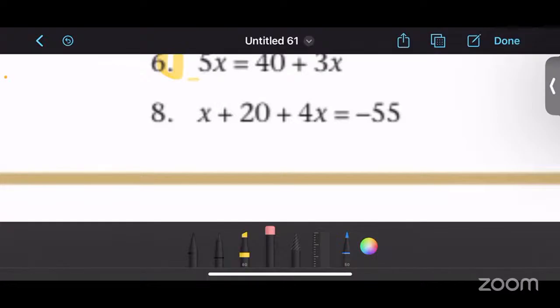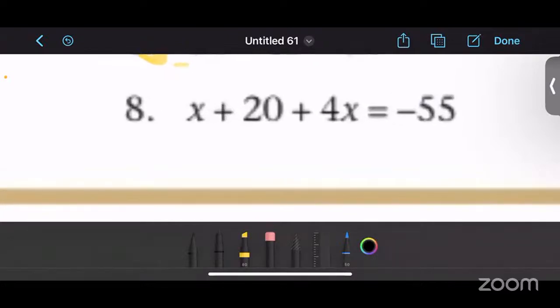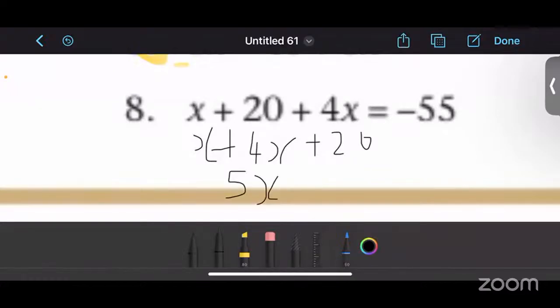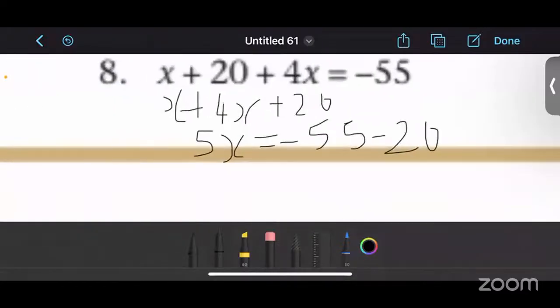Okay, so first you're going to say x plus 4x plus 20, and this equals 5x plus 20, and you're going to take your plus 20 and change it to a negative 20 across the equal sign, and so it's going to be 5x equals negative 55 minus 20, and negative 55 minus 20 equals positive 35.